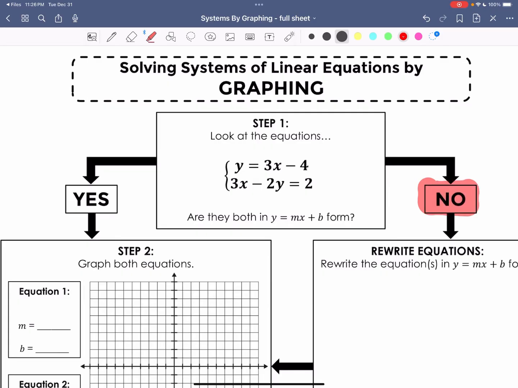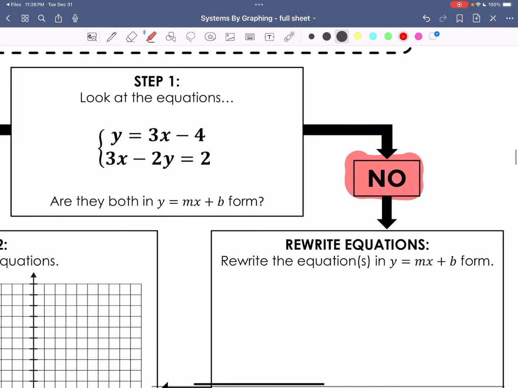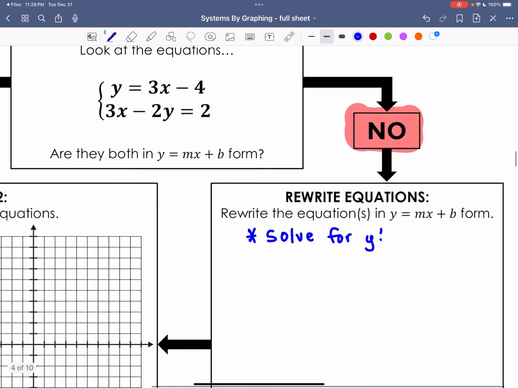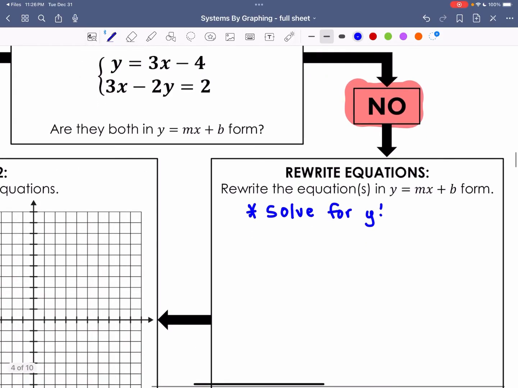So we are going down the no pathway. And it says, okay, well, rewrite the equations so that they are in y equals mx plus b form, which essentially means solve for y. So the top equation is already in y equals form. It's good to go. We only need to do this for the second one. So we have 3x take away 2y equals 2. And again, our goal is to isolate this y so it can be in y equals form.